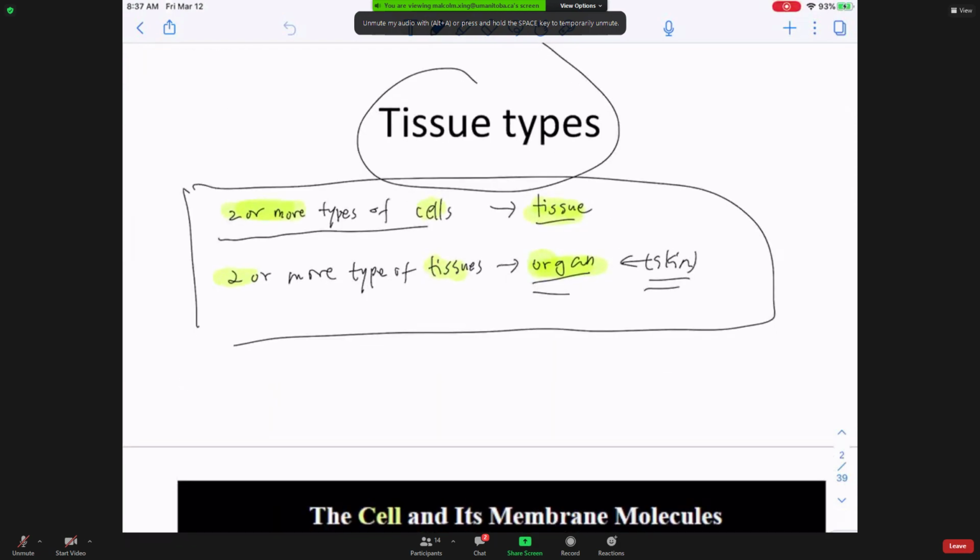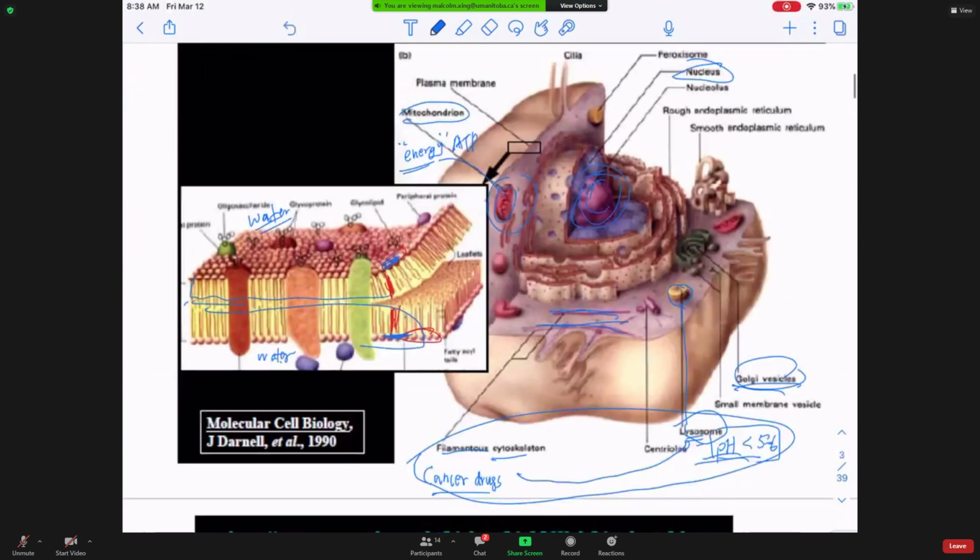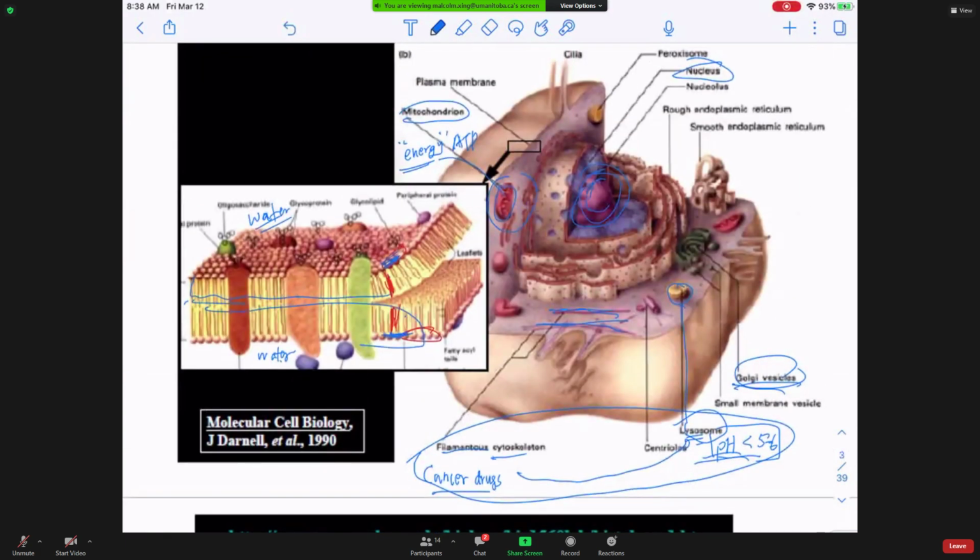So first is a recap. What is tissue? Generally we say two or more types of cells make a tissue, and two or more types of tissues make an organ, like skin is an organ. We also introduced the cell membrane, because the basic unit of tissues and organs is cells.